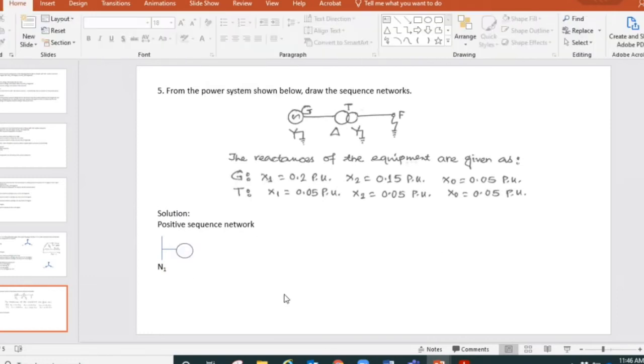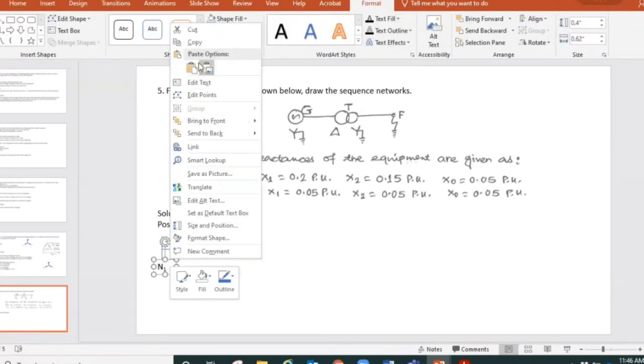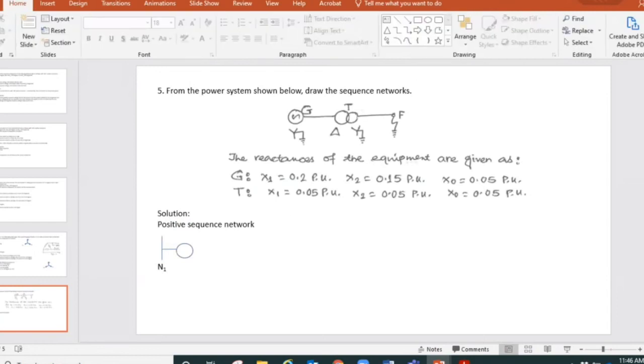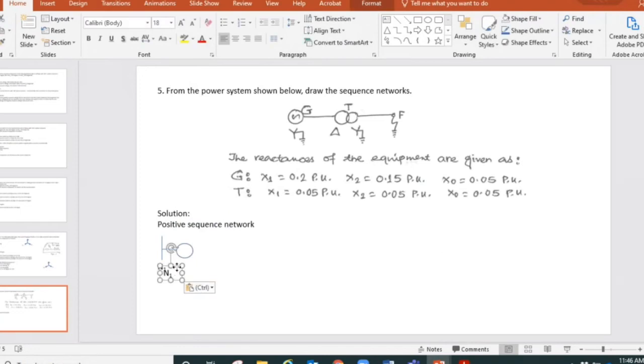So that's the generator, and we will show a voltage corresponding to it, and the labeling should be done as well. We'll say this voltage is E1 corresponding to the generator. You could also say V1, it doesn't matter.